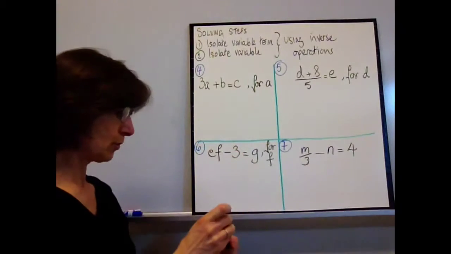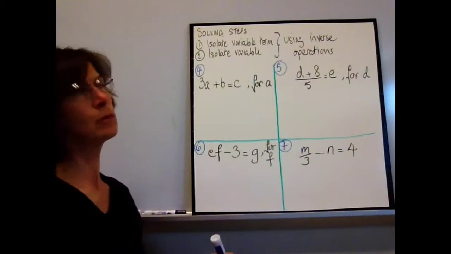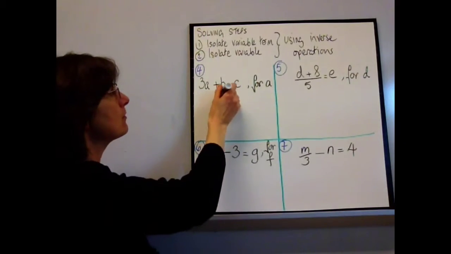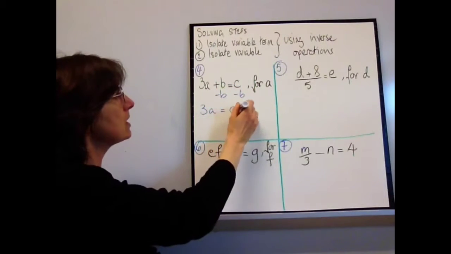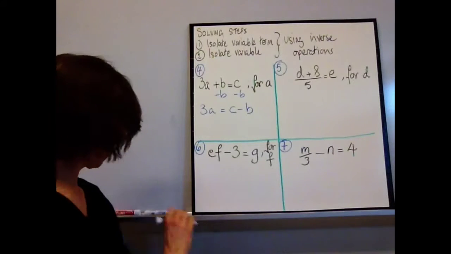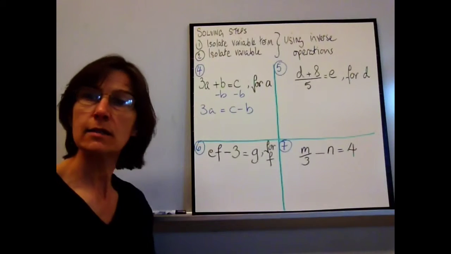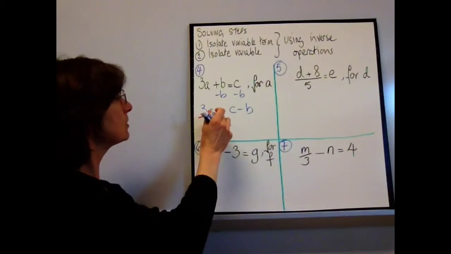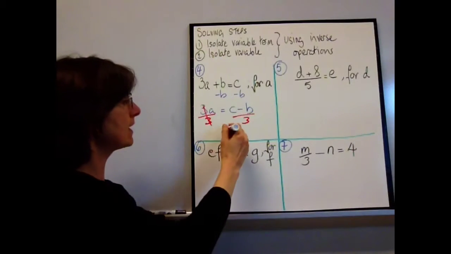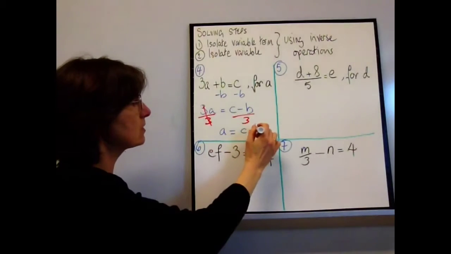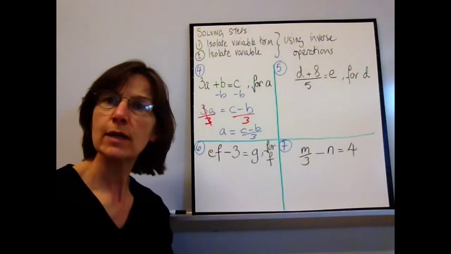So in our normal world, if we had numbers, what would we do? We'd first of all subtract b from both sides. So we would have 3a equals c minus b. And then what would we do? We would need to divide out the 3, wouldn't we? So we'll divide out the 3. And we have our final answer, a equals c minus b over 3.